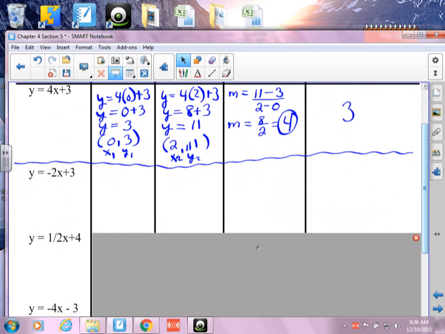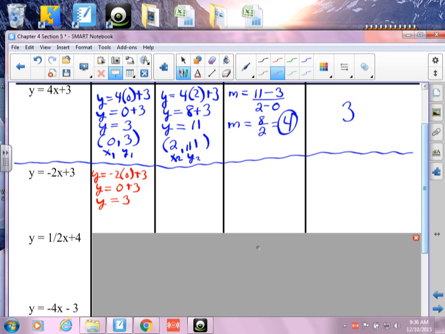Okay? So let's go to this next one. I'm going to plug in 0 for x. So y equals negative 2 times 0 plus 3. y equals 0 plus 3. y equals 3. And my ordered pair then is 0, comma 3.